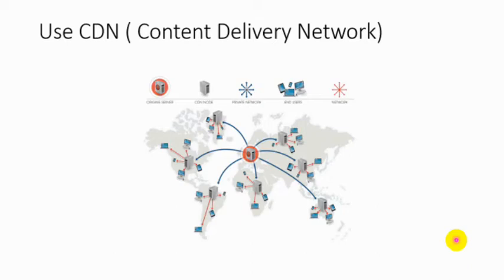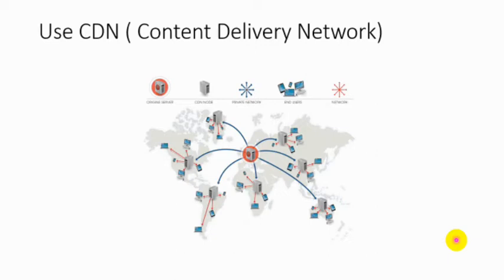Suppose you host your website on a single server. All user requests are sent to the same server. Now what? Your server becomes slow or goes down. It's normal. But if you use a CDN, suppose an Indian user requests data from the server, it provides the response from the nearest server in India.